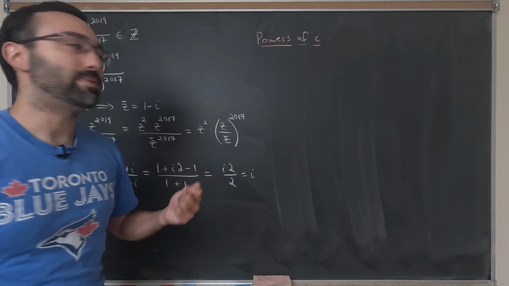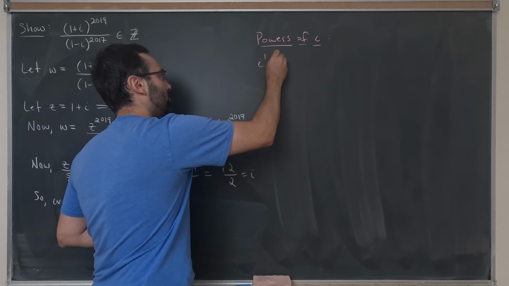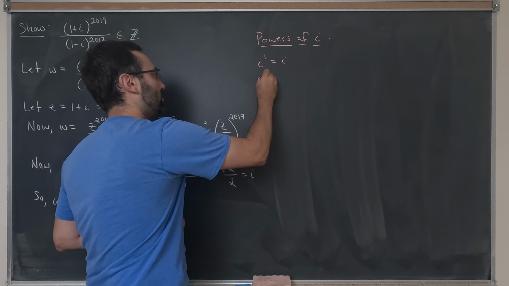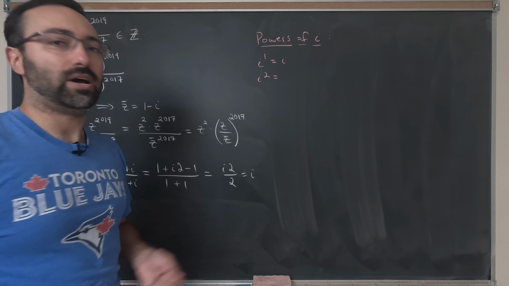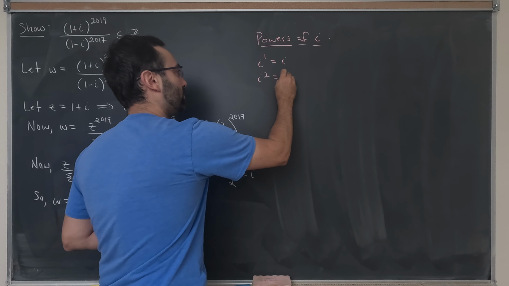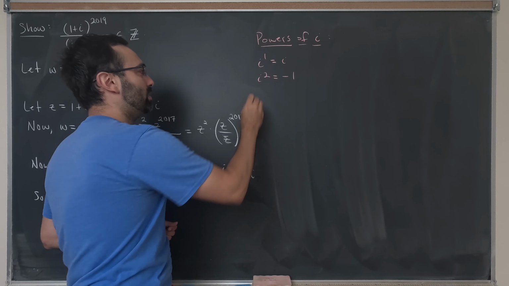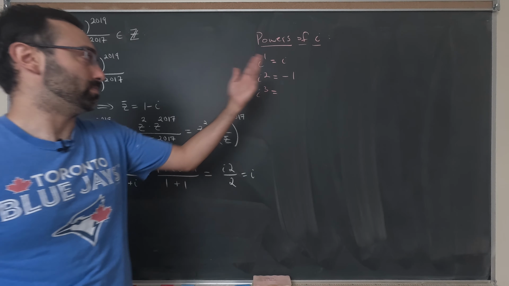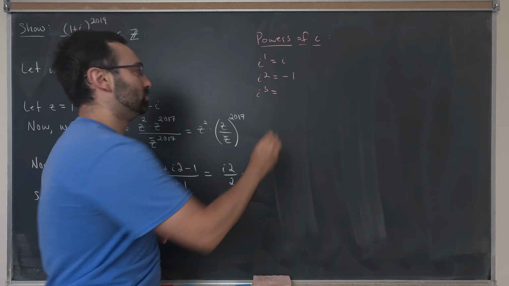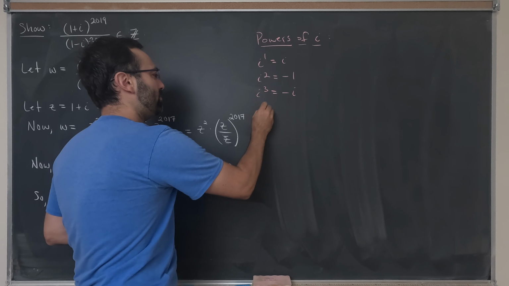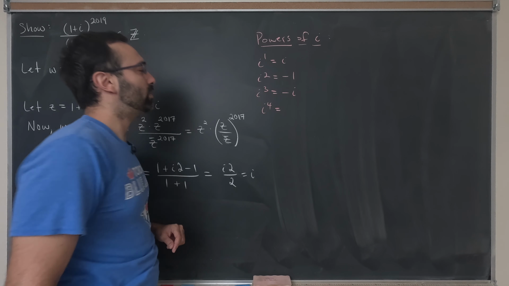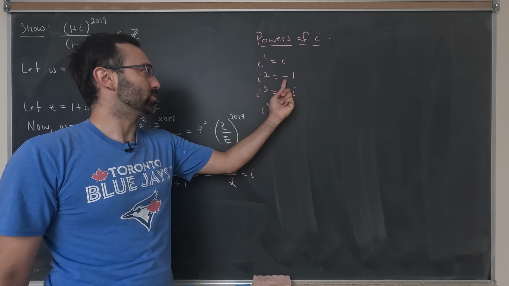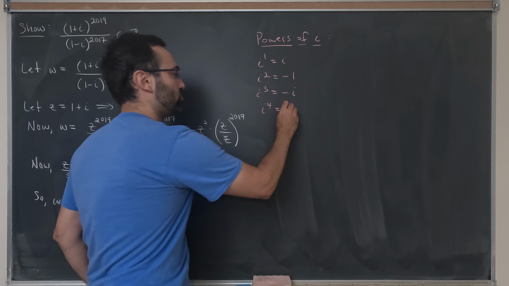If we take the first power of i, we get just i. If we take i squared, that's just i times i, or negative 1. If we take i cubed, that's what we just obtained times another i, so that's negative i. And if we take i to the power of 4, that's essentially i squared squared, so negative 1 times negative 1, or just 1.